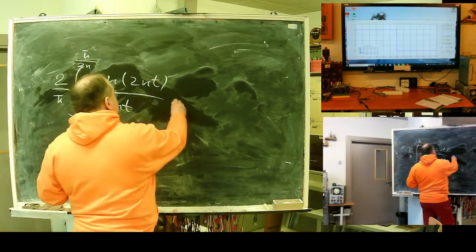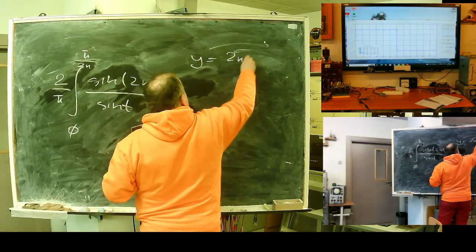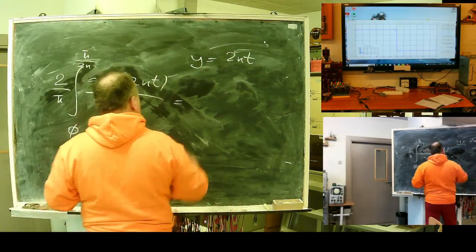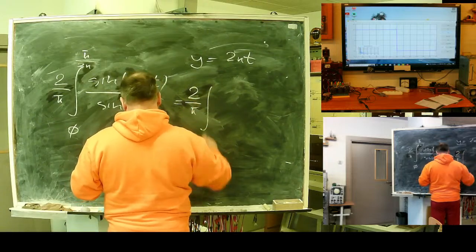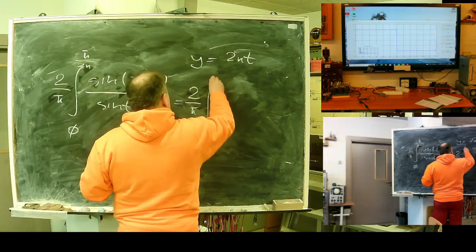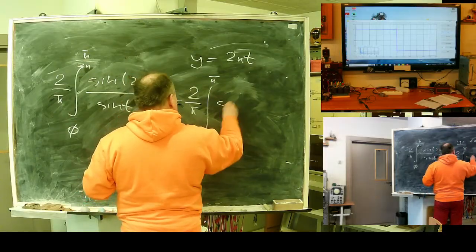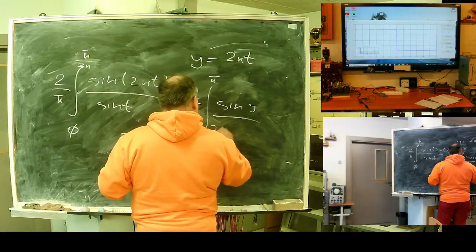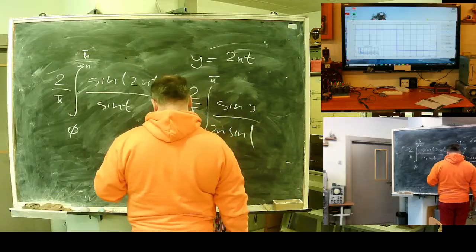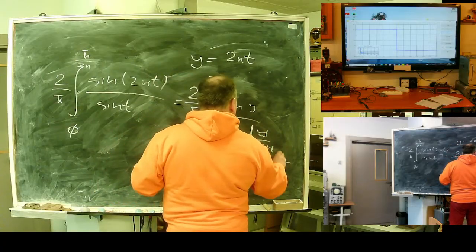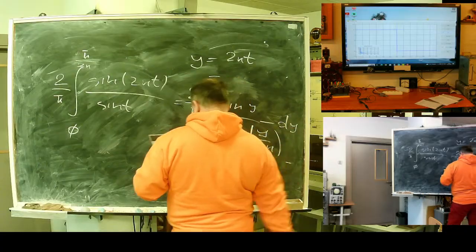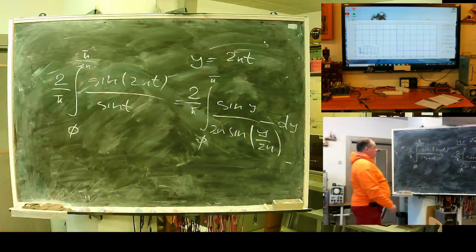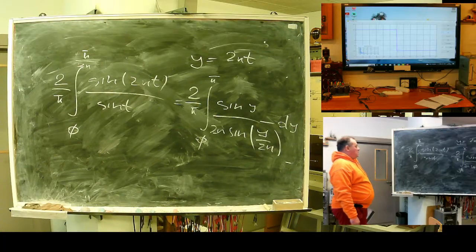Here we need to introduce a substitution to solve. It will be 2 divided by pi, integral from 0 to pi of sine y times sine of y divided by 2n, over 2n, dy. Still no answer, but we can do one trick.